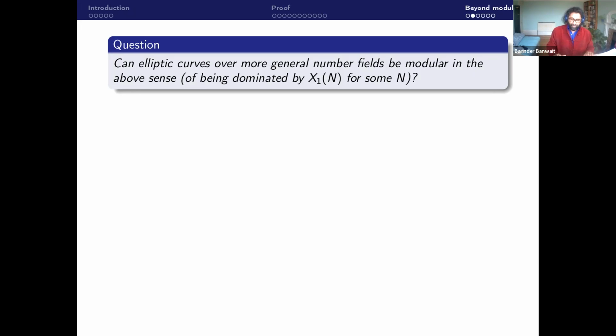There are of course many ways of doing this, and for totally real fields, one can consider more general automorphic forms. But the motivating question here, and for Khare in his article, was: if you have elliptic curves over more general number fields, can they be modular in this sense of being dominated by X_1(N) for some N?